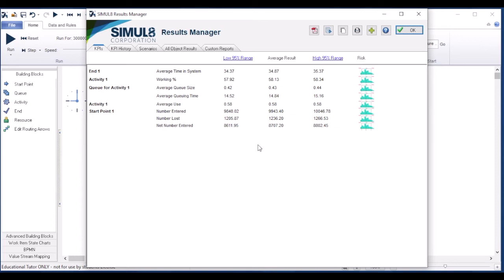If you want to know the effective arrival rate, it's going to be the total number of customers coming in, 8707.2, divided by the total results collection period. The results collection period is 300,000.